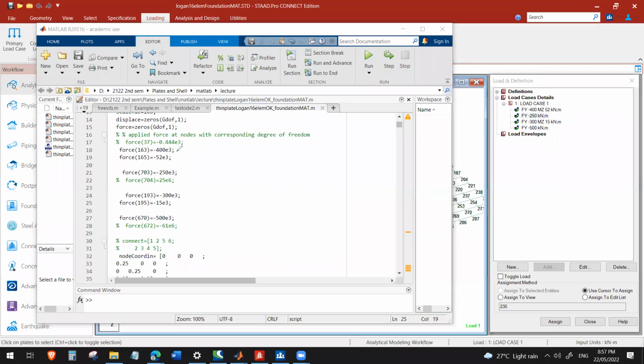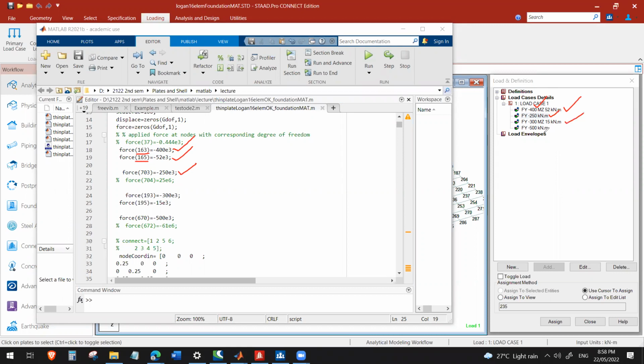So the 400 kilonewtons, this one, is applied at DOF 163. The moment 52 kilonewton meter is this one, applied at degree of freedom 165. The 250 kilonewton is this one, applied at degrees of freedom 703.